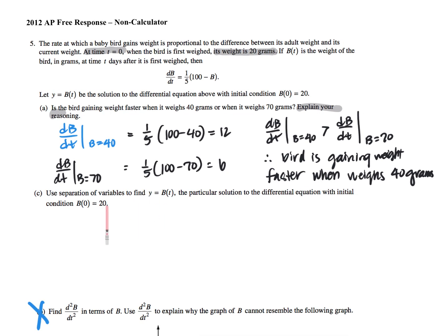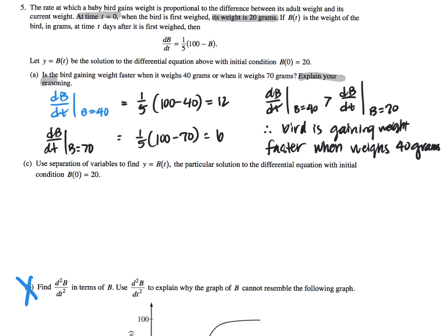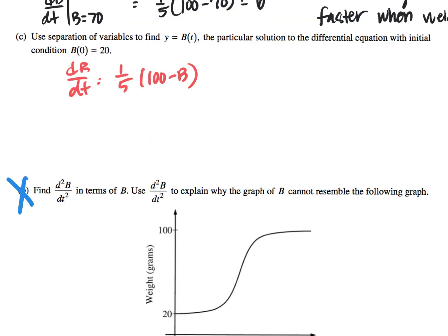Okay, here's where the big points come from, people. When they say separate those variables, they're ready to give us 5 or 6 points. This one, they're going to give us 6 points, and I'm going to tell you why. There's a zinger on this one. Let's start out with my dB/dt. Let's bring that down. So we know dB/dt is 1/5 (100 minus B). Okay, question. Separate those variables. Let's see if anyone could get just the first point of separating those variables.